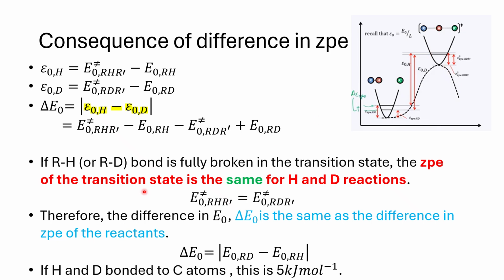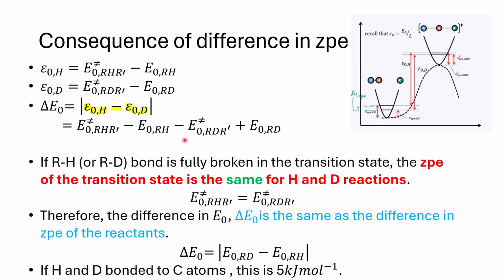Therefore, if this is true, which means that if the R-H bond or the R-D bond is broken, the difference in the energy, delta E naught, is the same as the difference in the zero-point energy of the reactants.